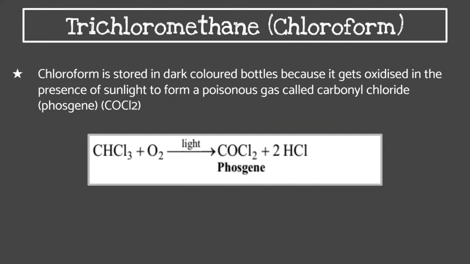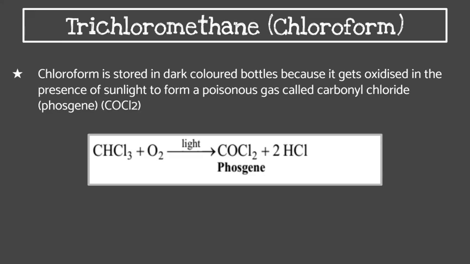One important point for trichloromethane: chloroform is stored in dark colored bottles because it gets oxidized in the presence of sunlight to form a poisonous gas called carbonyl chloride, also known as phosgene.